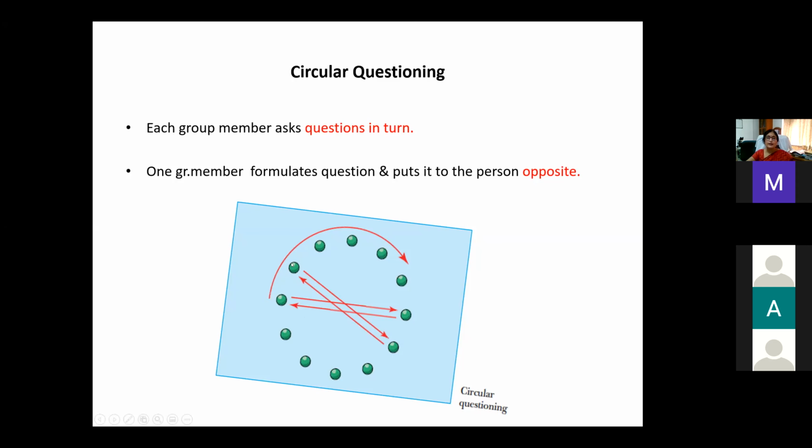So like that, you go clockwise. So each and every member gets a turn by turn chance to ask a question as well as a chance to give an answer. And this enables participation of all the students in that particular discussion.